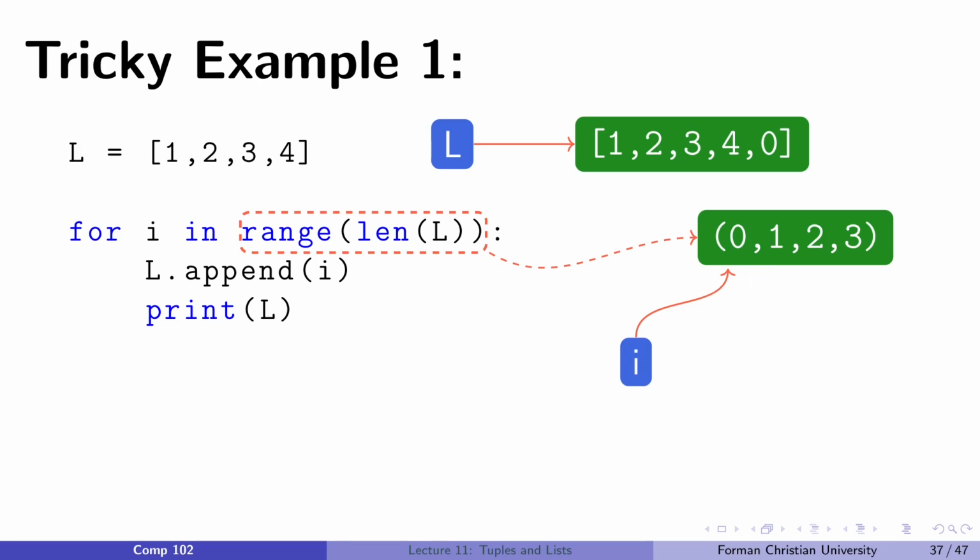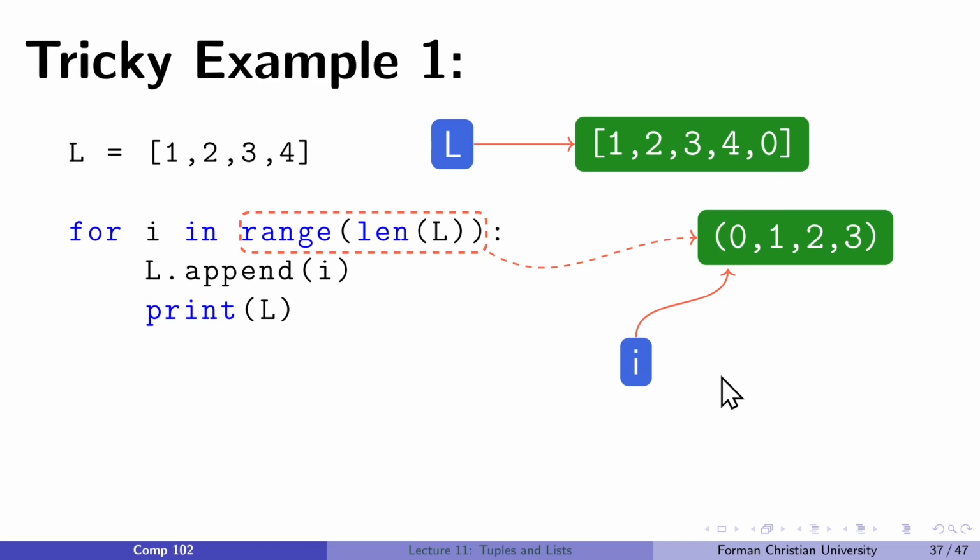It's a fixed sequence. It doesn't change. For the first iteration, the value of i is 0. When you append i to the existing L, it adds the value at the end of the list. So the new list is going to become 1, 2, 3, 4, and 0.